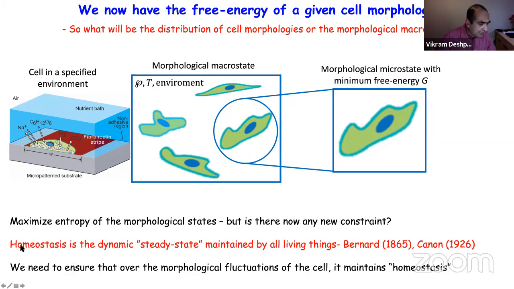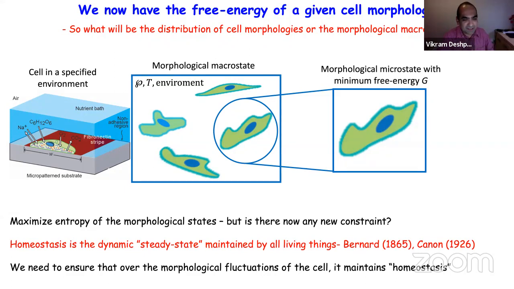And this is where the key difference is going to happen now: we're going to bring in a new constraint, which is basically saying that there's some constraint called homeostasis, a dynamic steady state by which cells maintain themselves at some kind of steady state. That is, we know that our body tries to maintain a particular temperature, etc. Right?